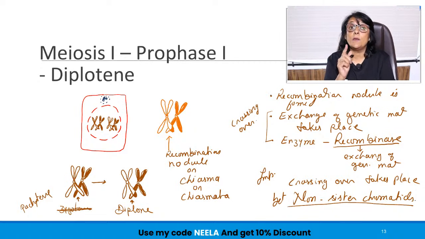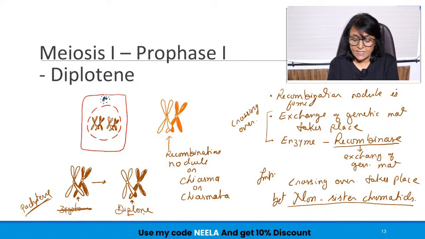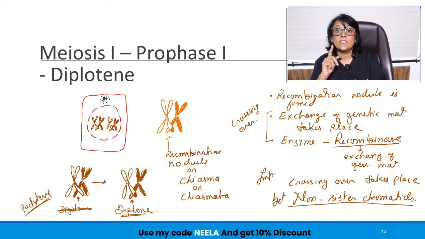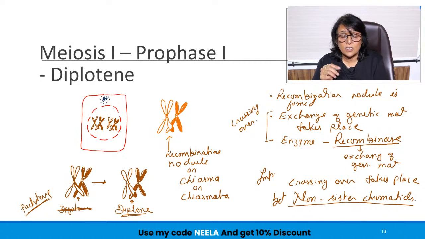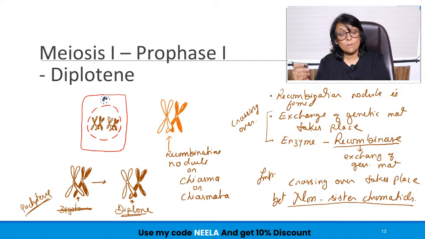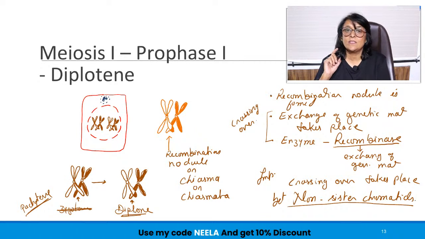So this exchange should be visible between the Pachytene stage and the Diplotene stage. Okay, in Pachytene stage the chiasma formation just starts, so you are able to see that cross-like structure, but exchange has not taken place because the 2 non-sister chromatids have not fused yet. This enzyme-driven process of recombination or crossing over takes place in Diplotene. Here, the main events of Prophase I are completed.